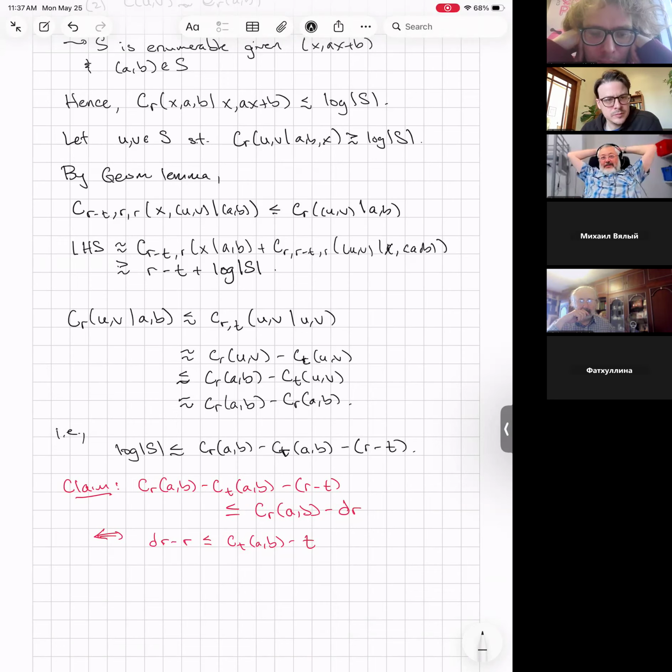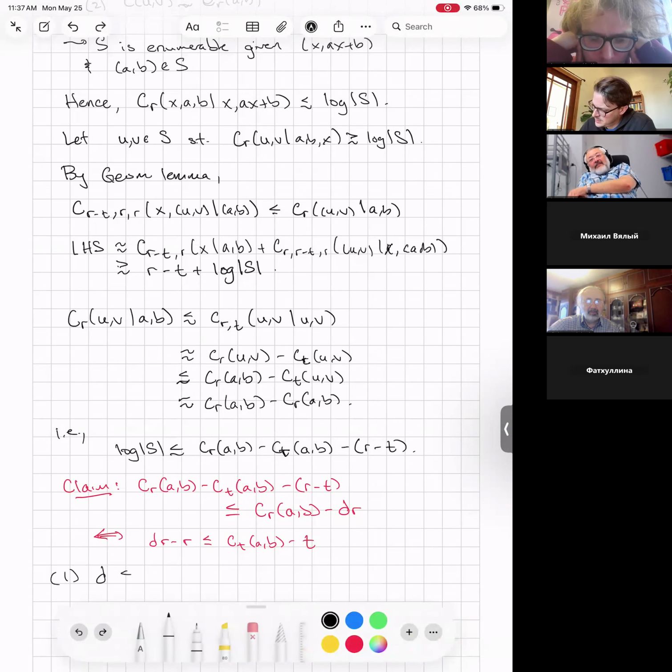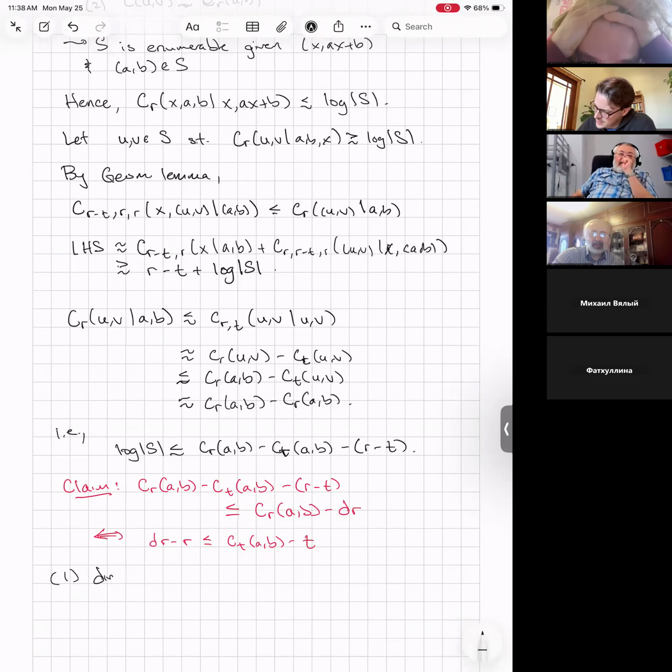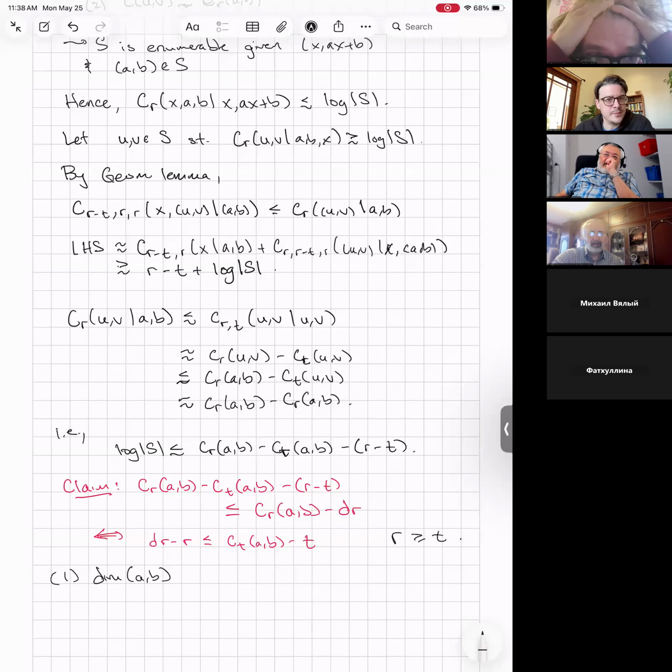Yeah, sure. So let me just recall. If dimension is less than 1, then D is just less than 1, and this is a dimension. So what is the relation between T and R? R is always bigger than T. T is the loss of precision and R is precision somehow.